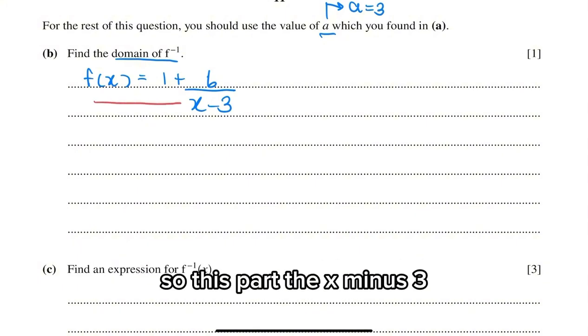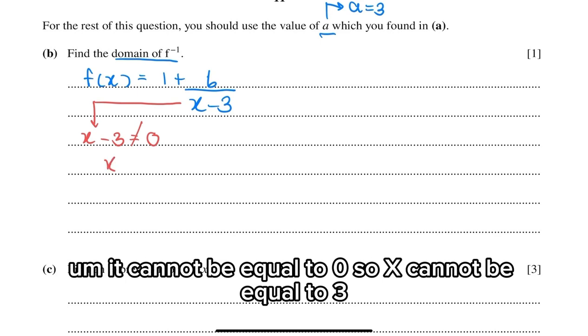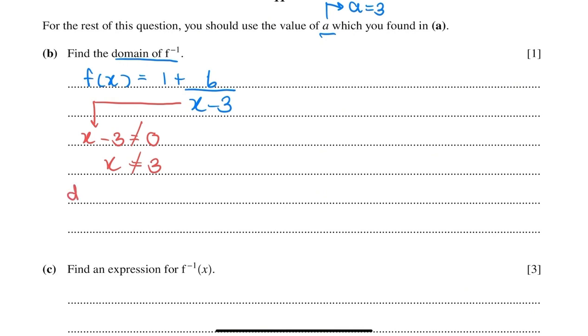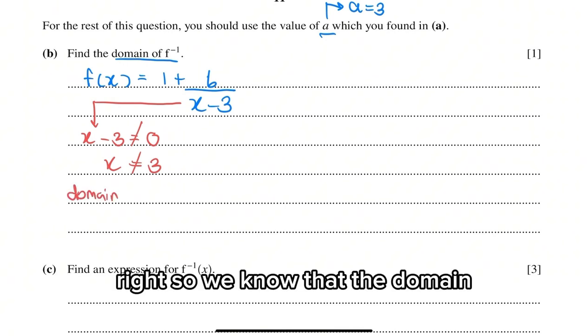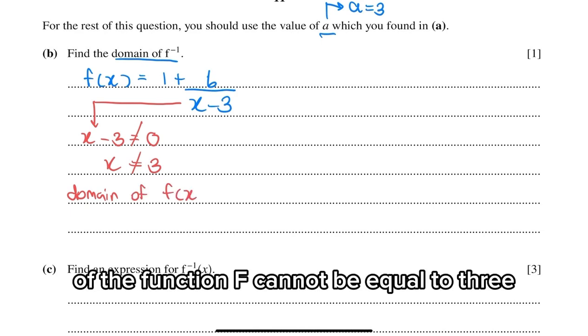So this part, the x minus 3, cannot be equal to 0. So x cannot be equal to 3, right? So we know that the domain of the function f cannot include 3.